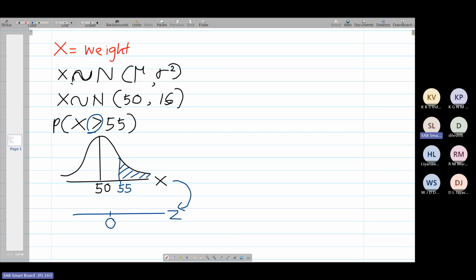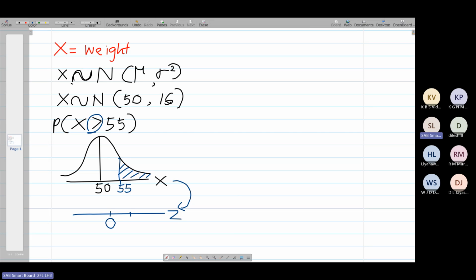It's clear? The normal distribution curve has two separate values, mean 50 and variance 16. But in the Z curve, the mean value is 0. There is another value, 55.